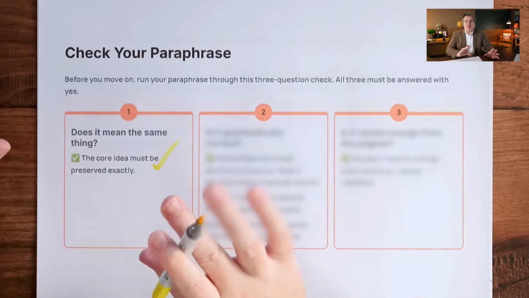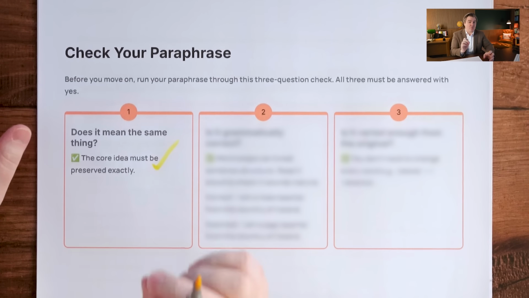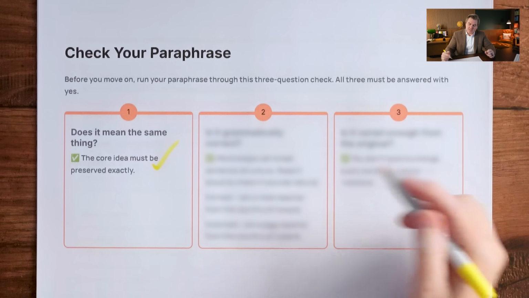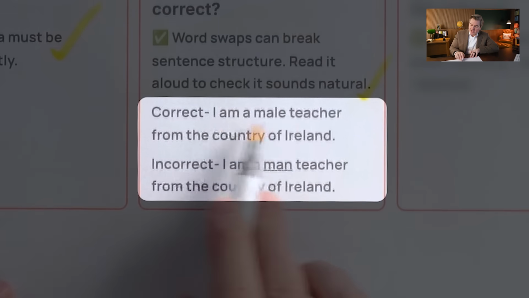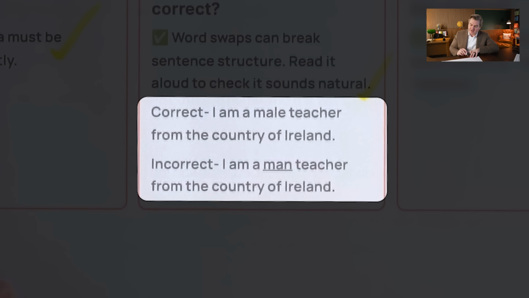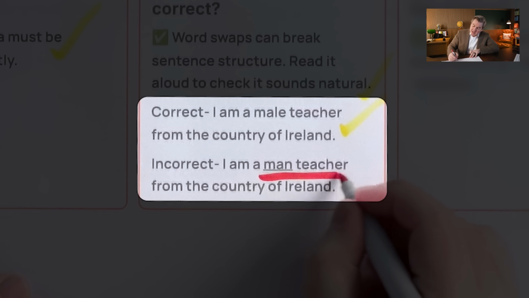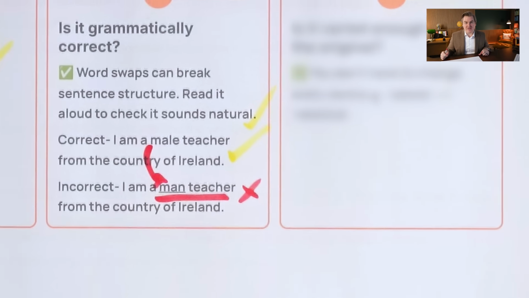This is where if you've used words you're unsure of, it might not mean the same thing, whereas if you've used words you're 100% sure of, it probably does mean the same thing. Is it grammatically correct? So for example, if I wrote, I'm a male teacher from the country of Ireland, that would be okay. But if I said, I am a man teacher from the country of Ireland, man and male are synonyms, but that wouldn't actually be correct.